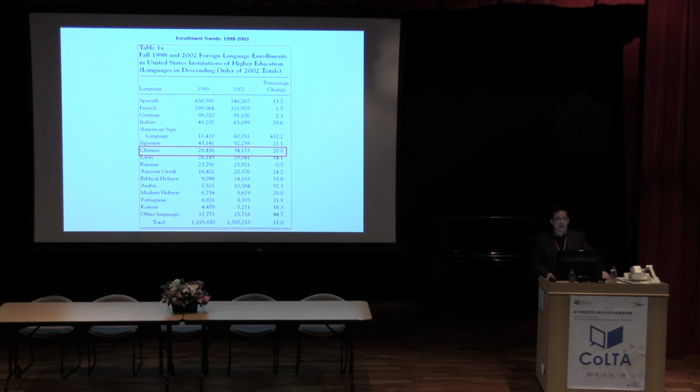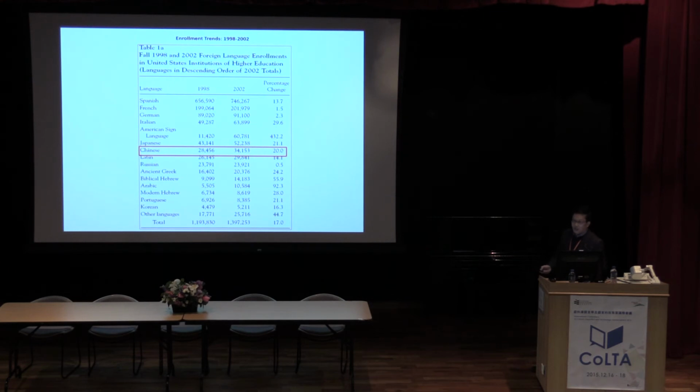It's a survey about foreign language enrollments in the U.S. from 1998 through 2002. I'd like you to pay attention to the numbers here. For Chinese, the enrollment in 1998 is 28,000, and in 2002, 34,000. So the increase rate is 20%.